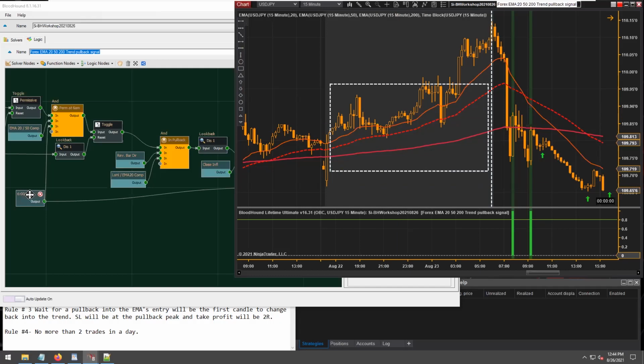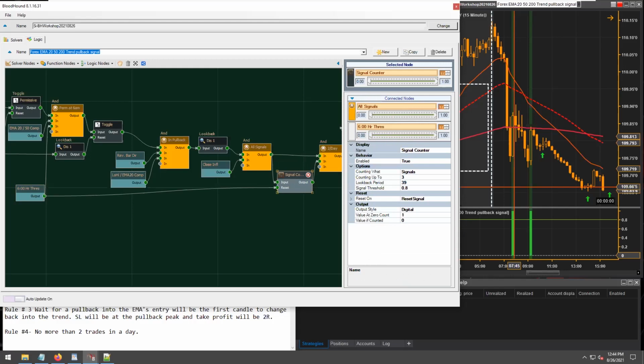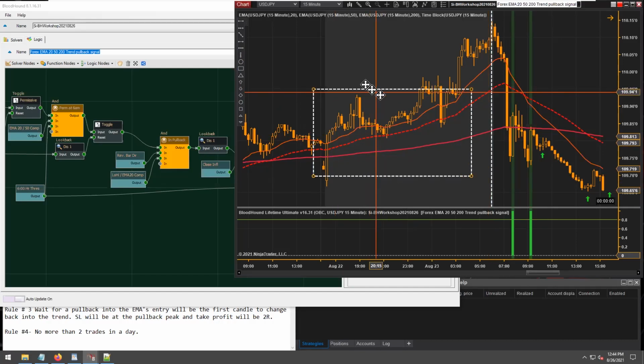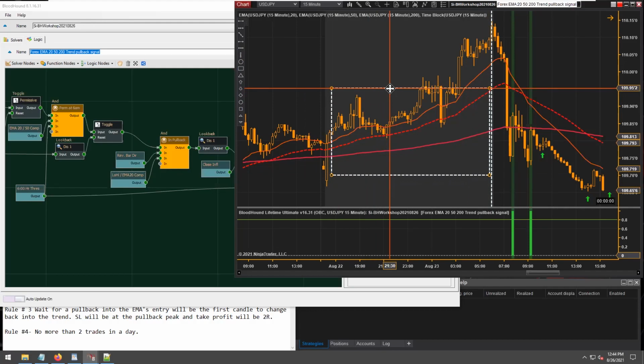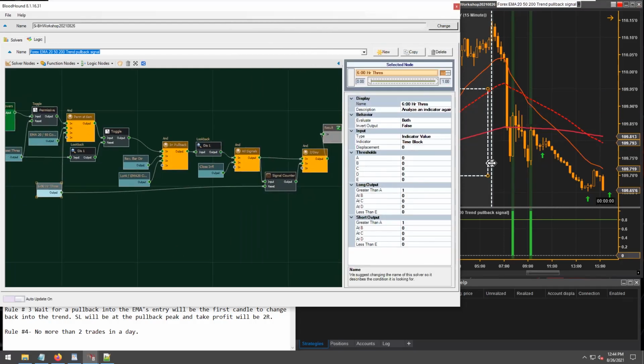So just as a good design practice, it's good to reset our signal counter at the 1600 bar, just to make sure that it's not counting any rogue signals that might be occurring during our permissive period, during that Asian session. All right, there we go. We'll leave it at that.